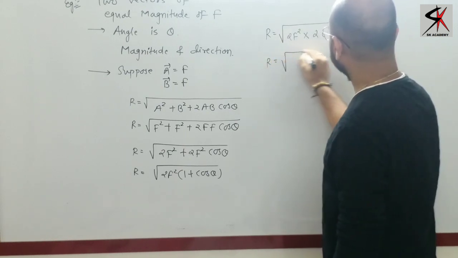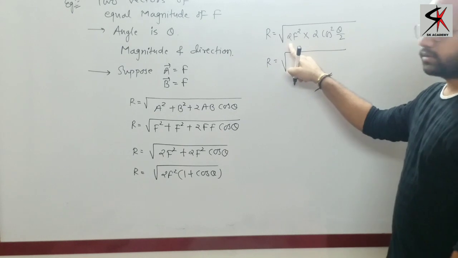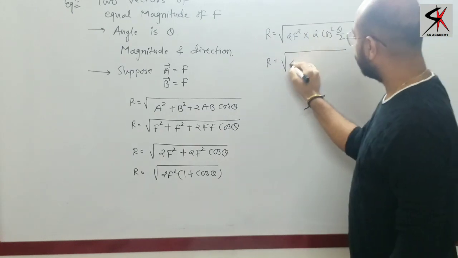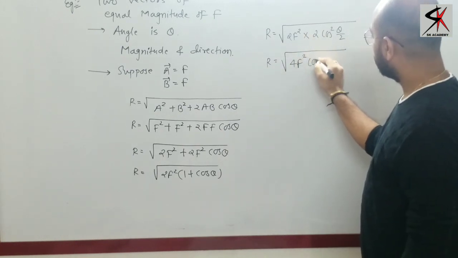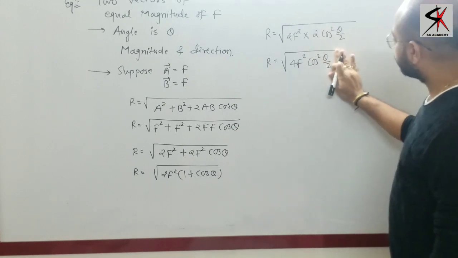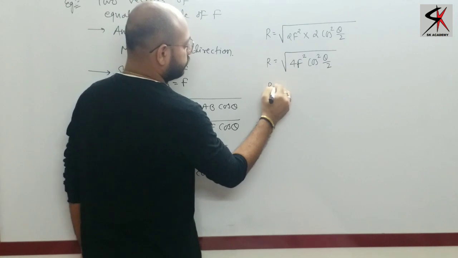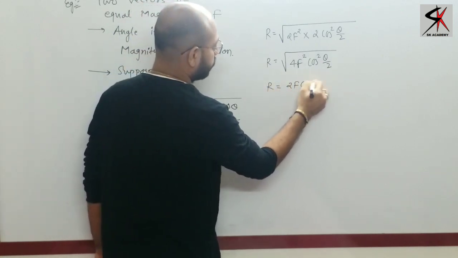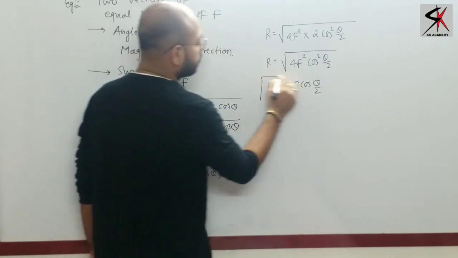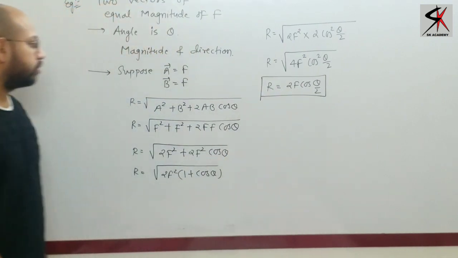So r is equal to under root 4f square cos square theta by 2. Now root of 4f square cos square theta by 2 becomes 2f cos theta by 2. So our resultant is 2f cos theta by 2.